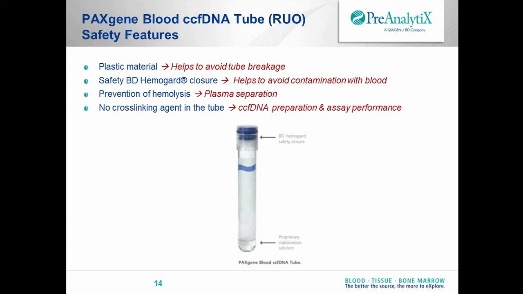Then, as I showed you, we prevent hemolysis, so this helps you have a very safe plasma separation, so that you get maximum plasma yield from your blood. And then finally, we have no cross-linking reagents in our stabilization solution, and this is of course positive with respect to ccf preparation and assay performance.